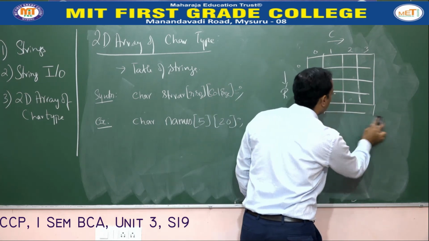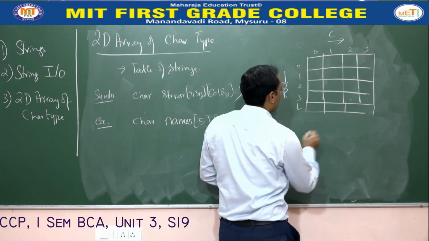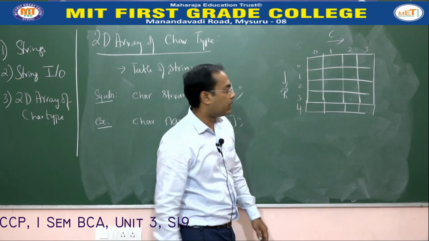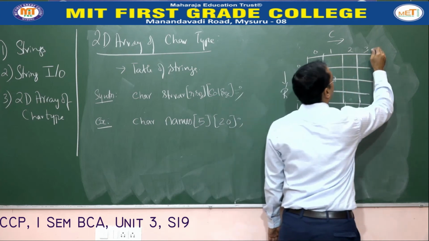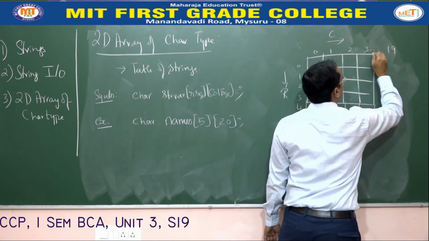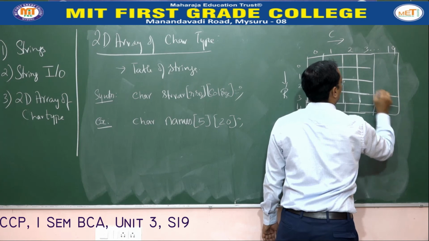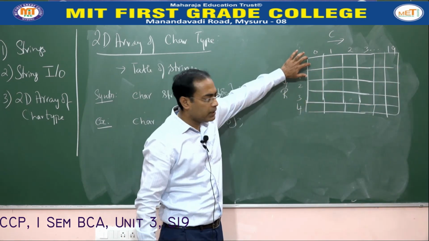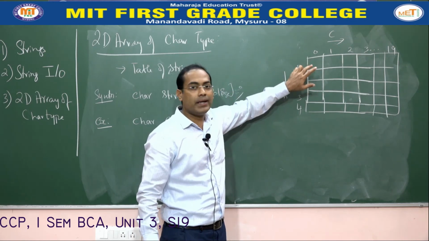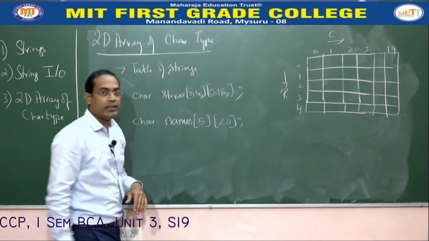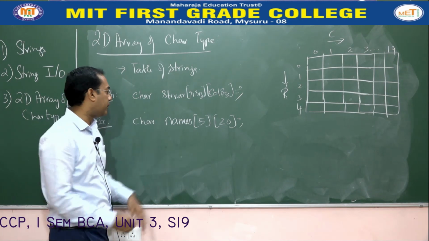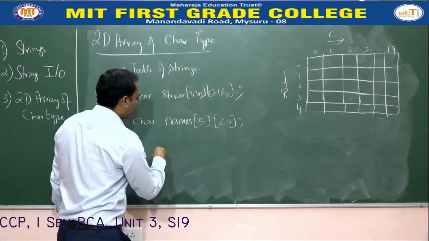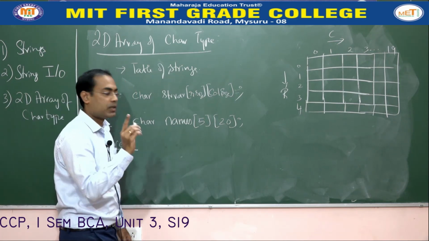So the memory representation is like this. Here we have 1, 2, 3, 4, 5, that is 5 rows, and here we have 19 columns, and in each row you can store one name. This is what the 2D array of character type is. How do you access it? You can access it like you access a one-dimensional array.